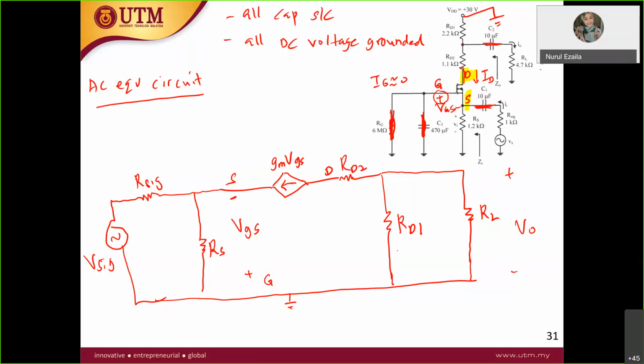So this is quite a weird circuit. Previously you didn't have this RD2 over here, but now you have RD2, and then RD1, and then RL. For this one, Z in is over here, before RS. And your Z out is over here, before RD2.